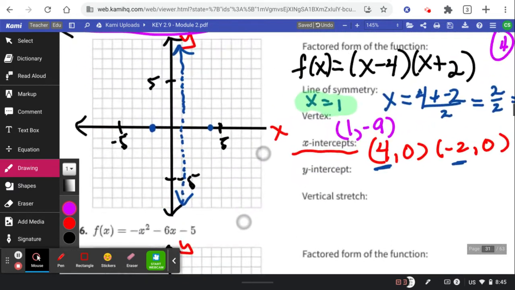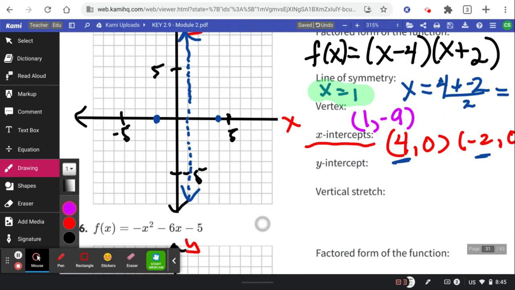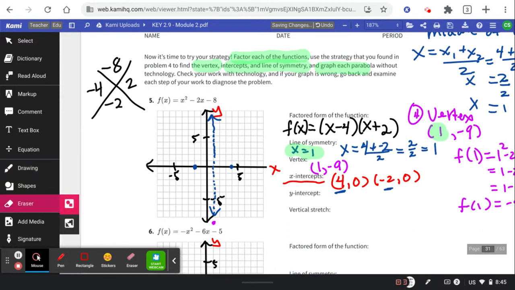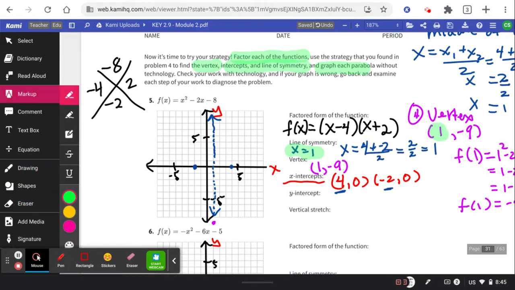Right 1, down 5, 6, 7, 8, 9. It's going to go right off my graph because I didn't put my graph up high enough. And then the y-intercept, we talked about this today on that initial sheet. My C value is my y-intercept.